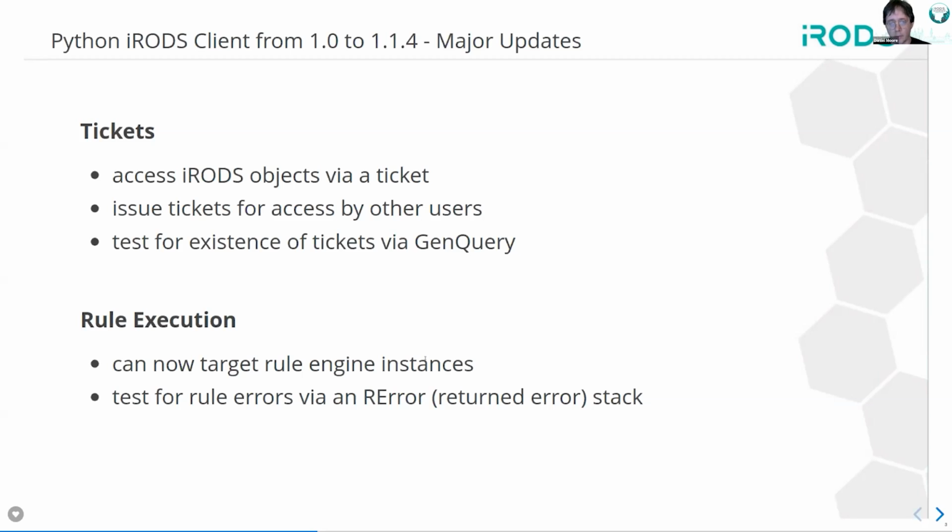So we can now submit a Python rule file for execution by a connected iRODS server. Additionally, we can also see when there is a failure in a rule execution. We can see the hints, the messages coming back in the error stack, for why something may have gone wrong in that rule.